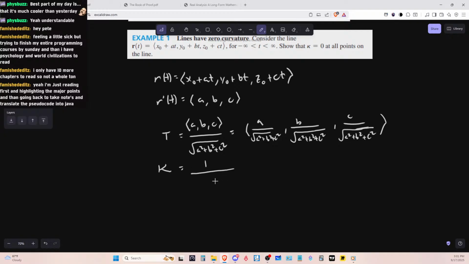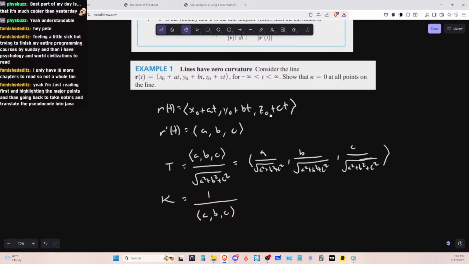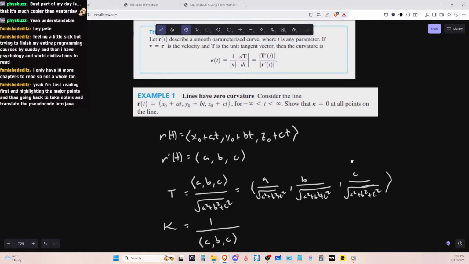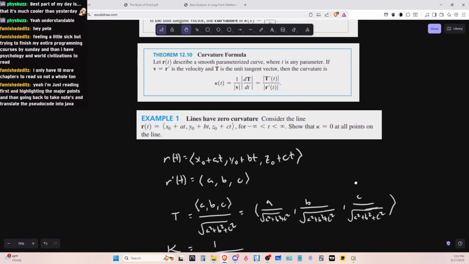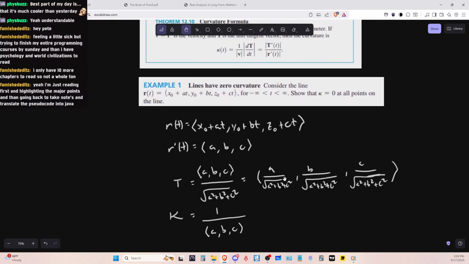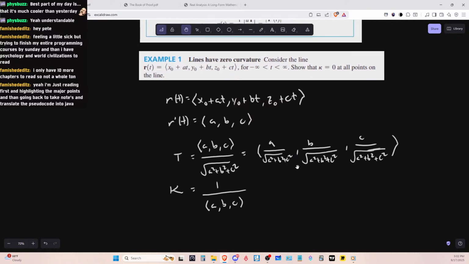And then take the derivative of this with respect to t, it will literally be 0.